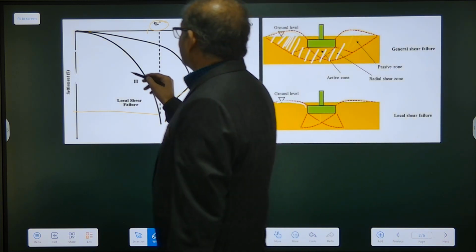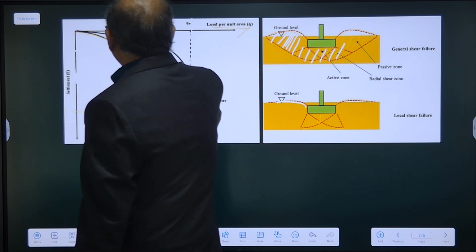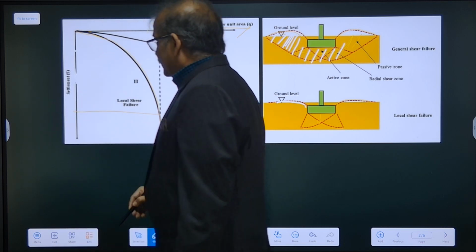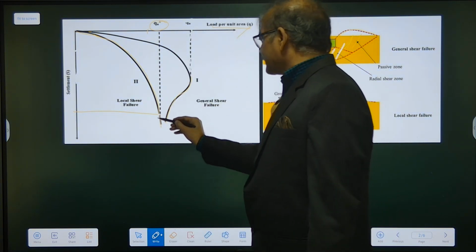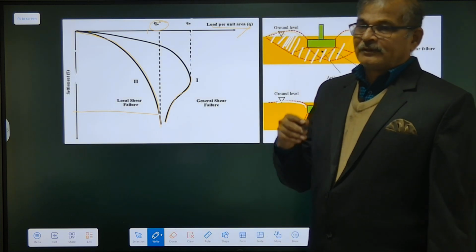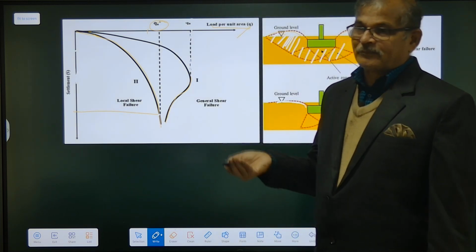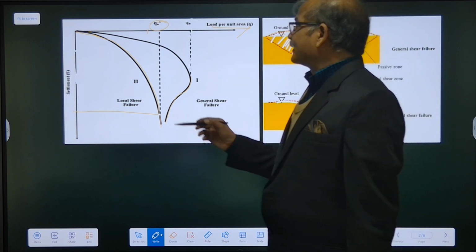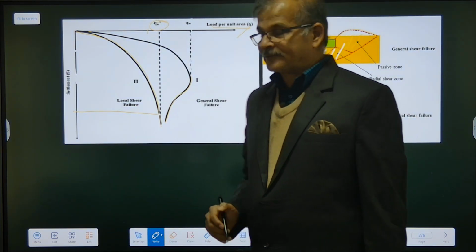And in case of local shear failure, it takes less load and there will be a lot of settlement, and after some time, even without application of much load, settlement keeps increasing. So we need to be very careful. First we should know which kind of soil it is, which formula to be utilized, and after application of formula we should apply the appropriate factor of safety.